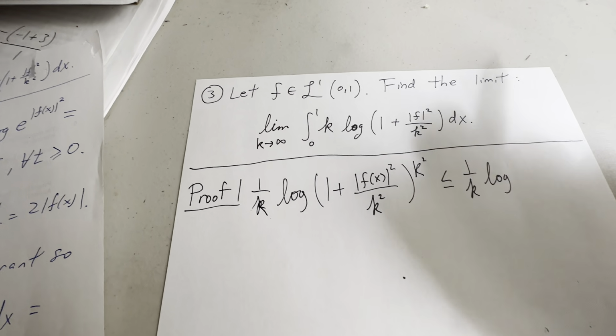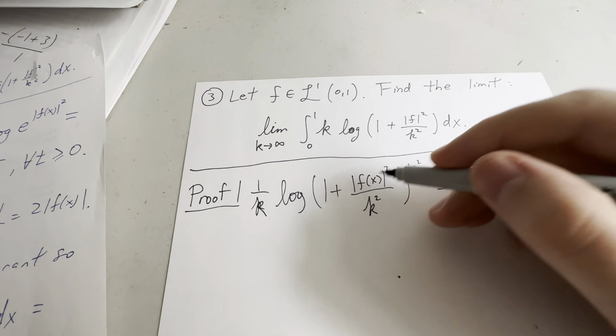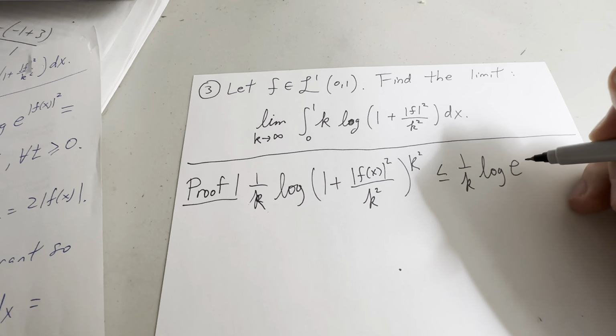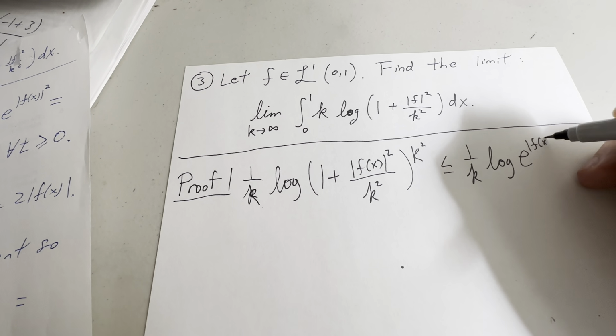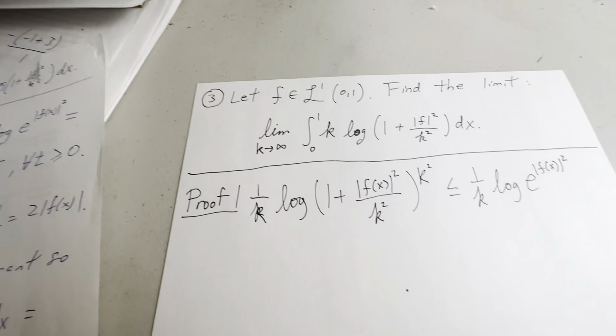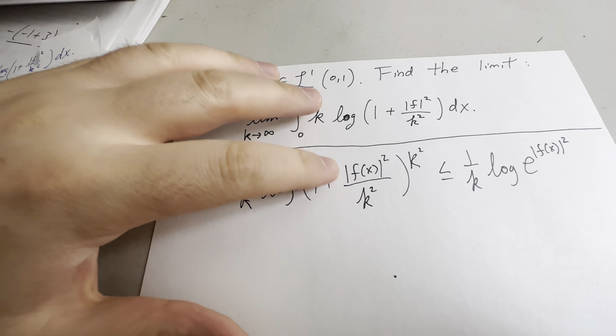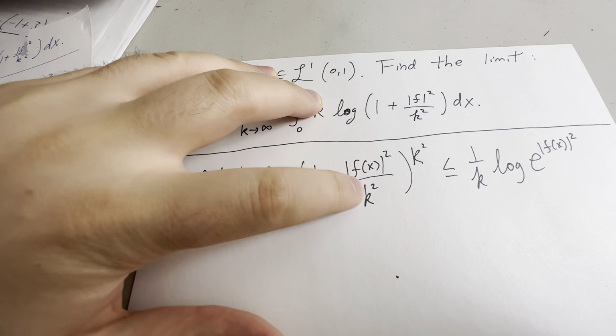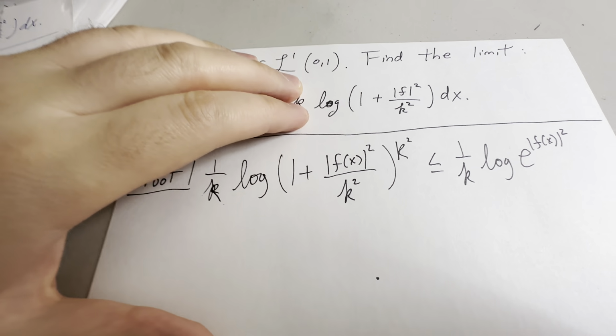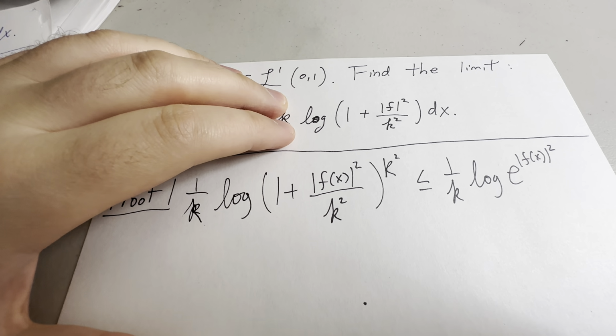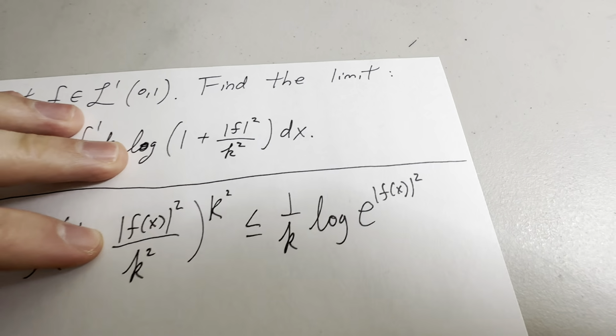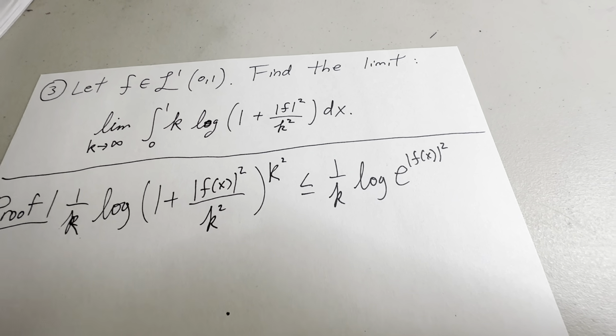looks like the definition for e to the x, right? But it's e to this thing. So we have e raised to the absolute value fx squared. Because here you can think of this as that term squared, and then you have that exponent up here. So by a change of variables, you can get it to look like e to the fx power. But then again, it's squared.